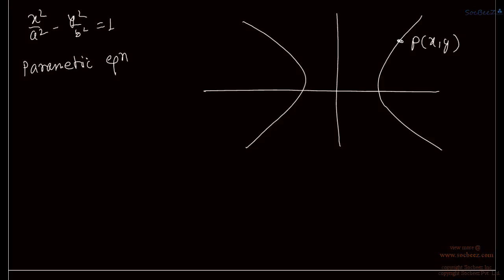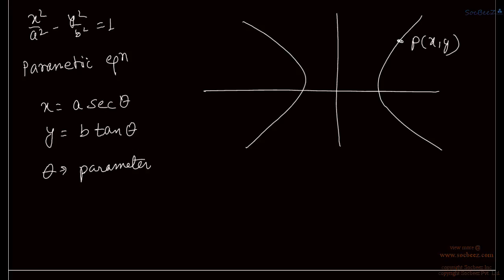This is a point P(x, y). We write x as a sec theta and y as b tan theta, where theta is a parameter. What is the angle theta? If you want to see that, we have to draw a circle x square plus y square is equal to a square.